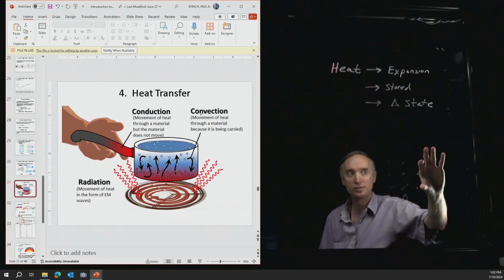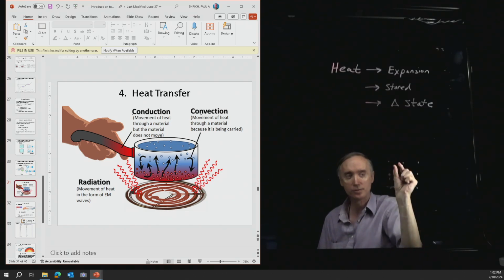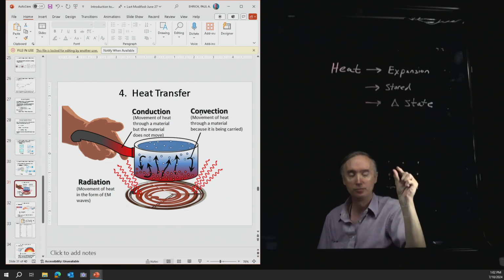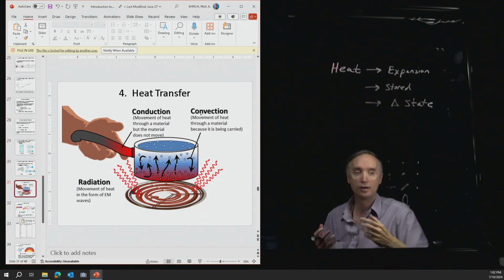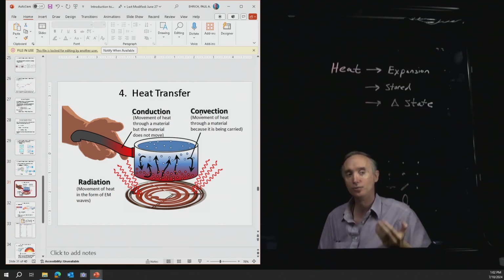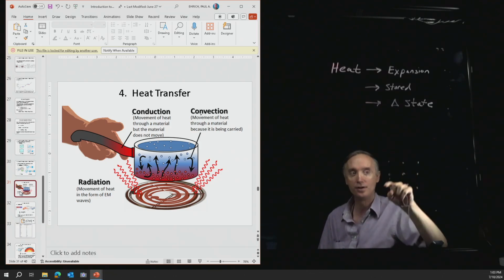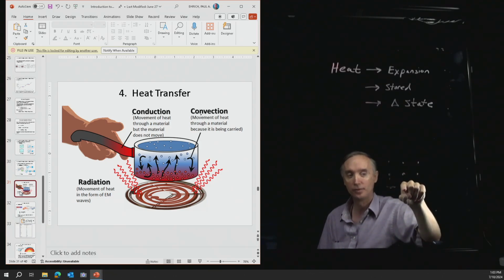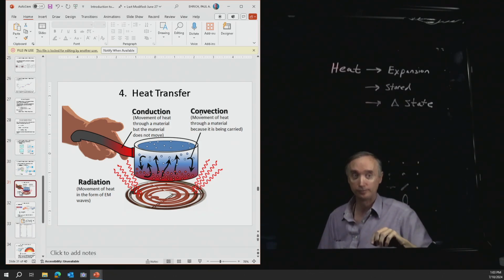So maybe this is in terms of centimeters, the distance from here to here, but these individual atoms are only vibrating maybe the width of an atom. So they're not moving very far. It's the movements that are moving through the material, not the atoms that are moving through the material. So this is going to be called conduction.